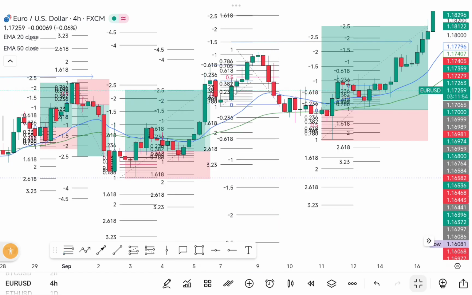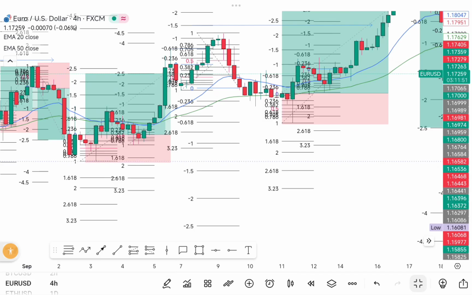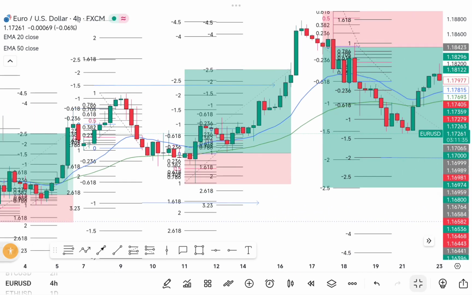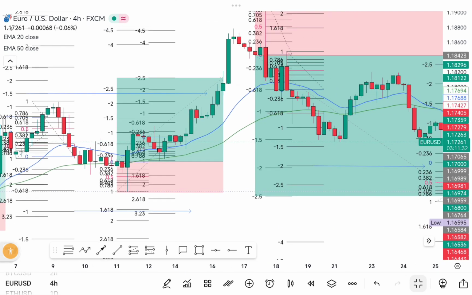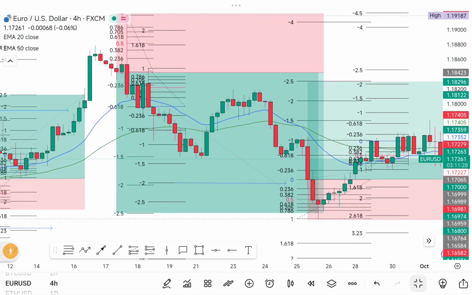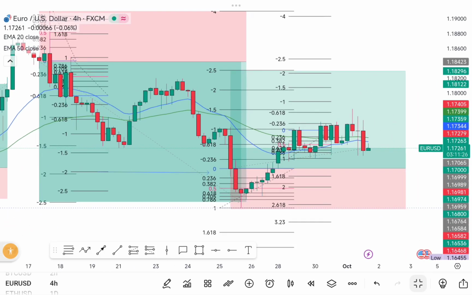Like you see, that is where we try to test if the structure is okay, but the price rejected. The price was rejected, and there was a pullback right there, upward. Guys, you can see how the price goes and how we have followed the price according to the market structure.